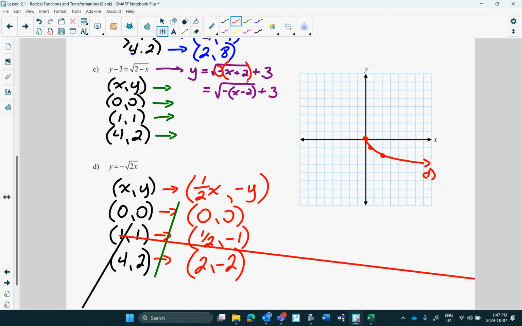So what's the formula? Looks like we got a fair amount of stuff going on here. Negative x plus 2 and 1 plus 3.